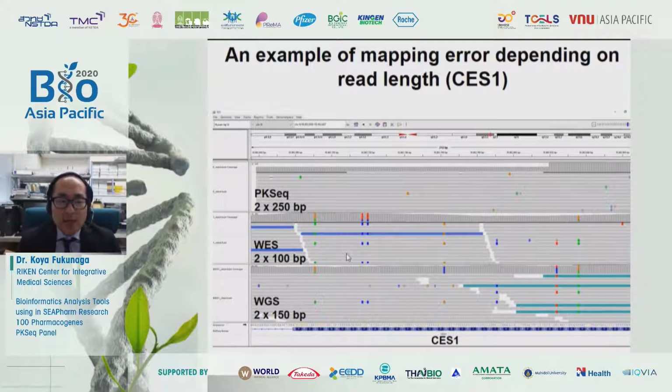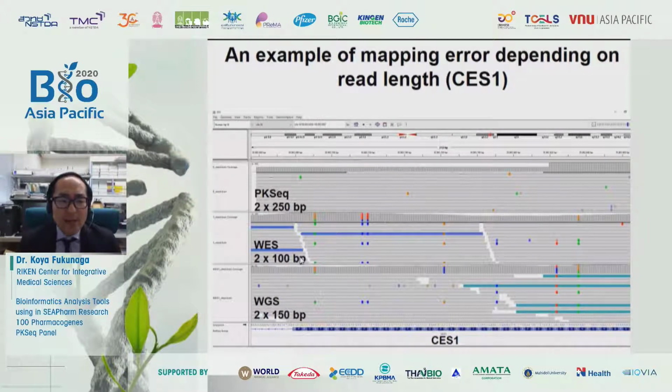This slide shows an example of mapping errors depending on read lengths of the CES1 gene, carboxylesterase 1 gene. General read lengths of WES and WGS are 2 by 100 and 2 by 150 base pairs, respectively.